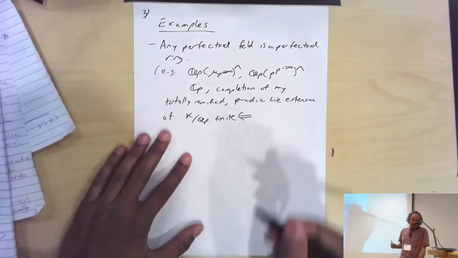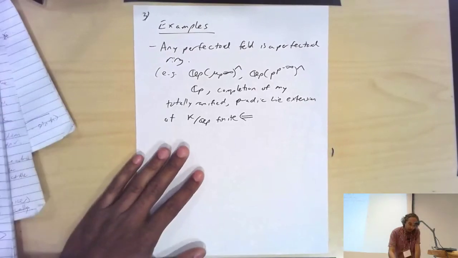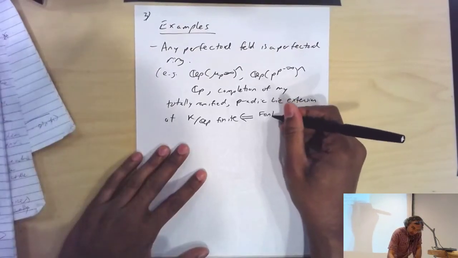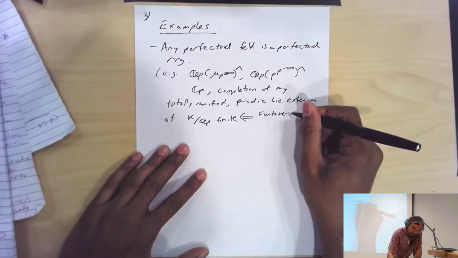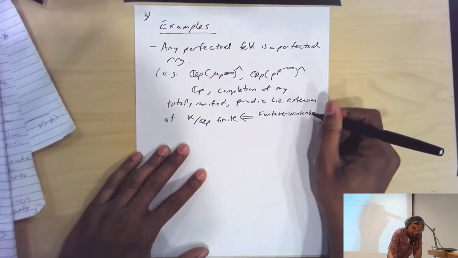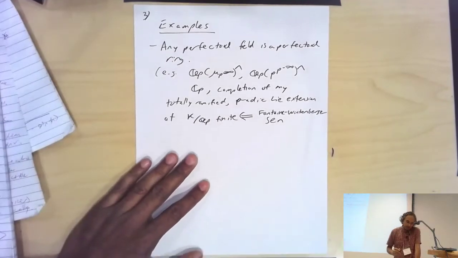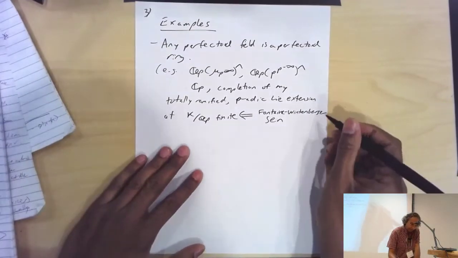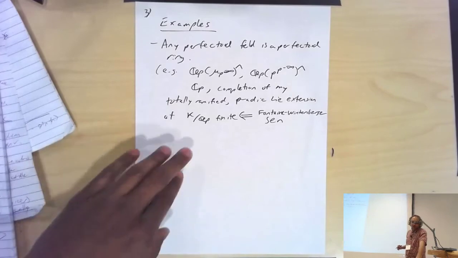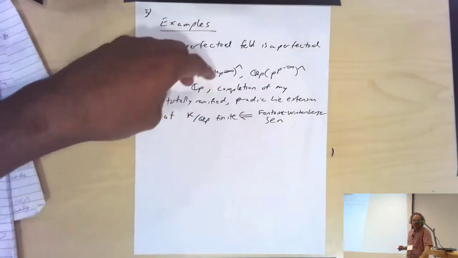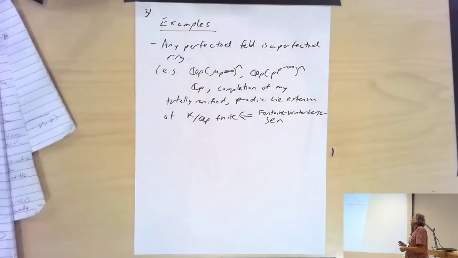Then that turns out to give you a perfectoid field by combining the original theorems of Fontaine-Wintenberger with an old theorem of Sen. And so that gives you a large class of sub-extensions of C_p, which are, again, perfectoid fields.